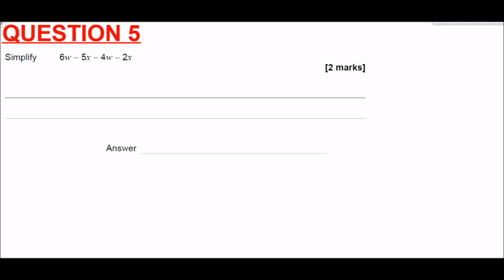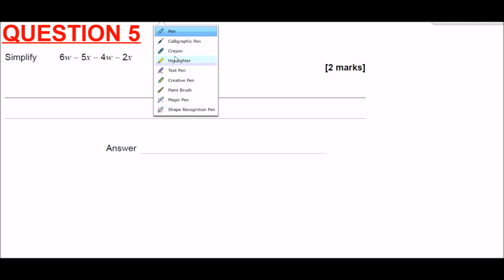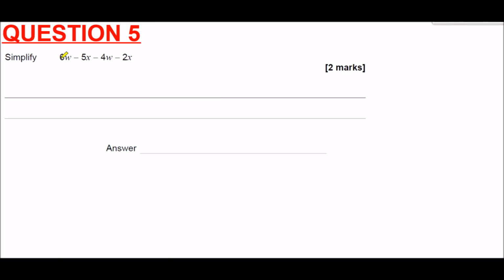Question 5. Simplify 6w minus 5x minus 4w minus 2x. So for this one we've got two different things to be considering, two different terms, if you'd like. We've got terms involving w.